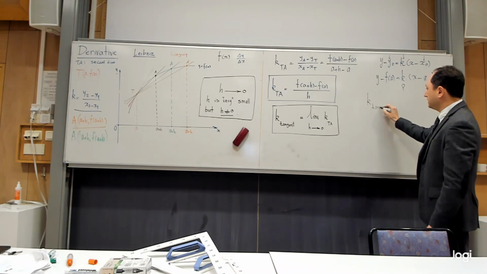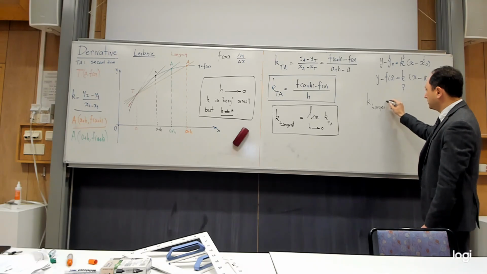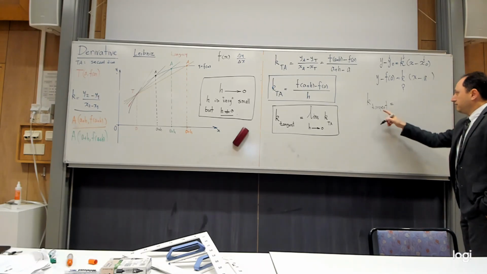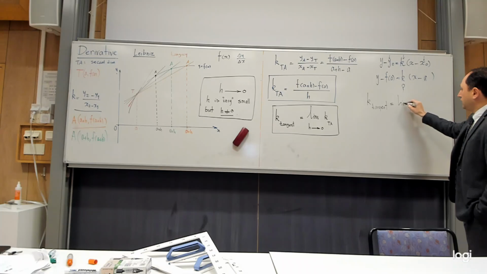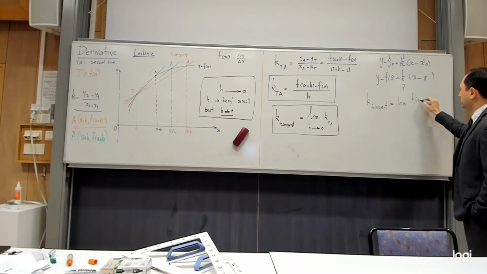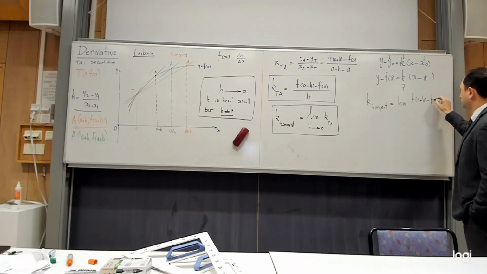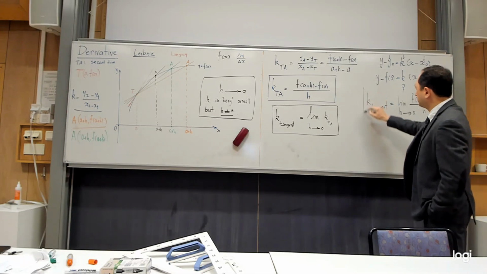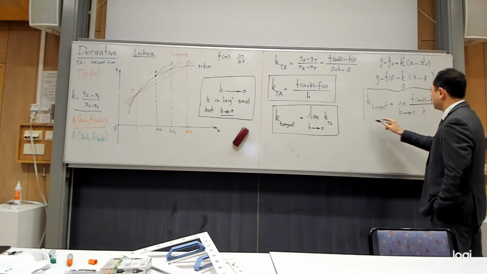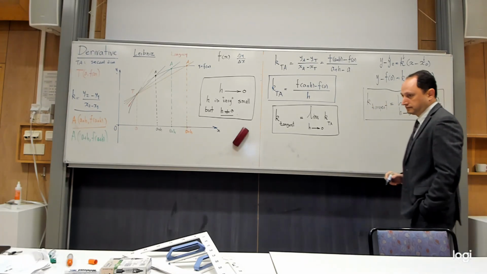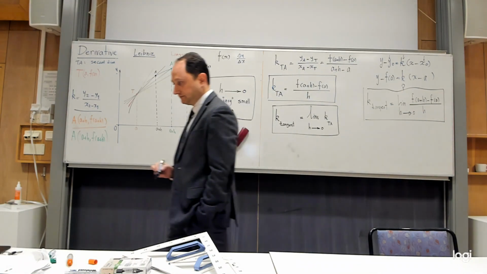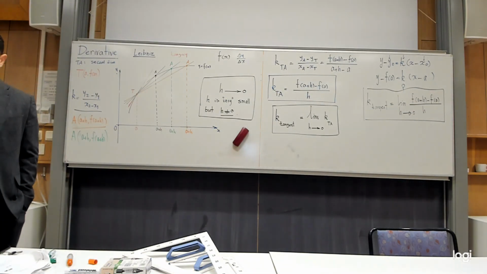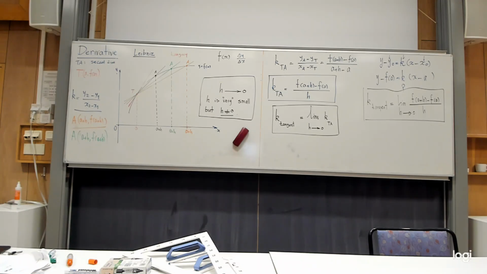So that was, in today's language, the k value for the tangent. Leibniz came up with this formula.